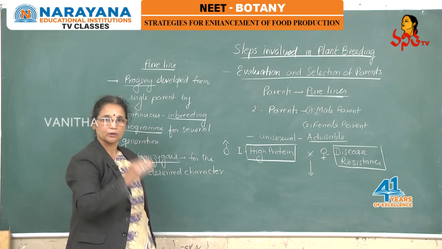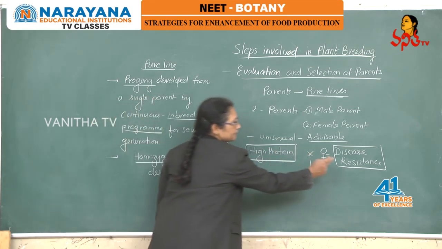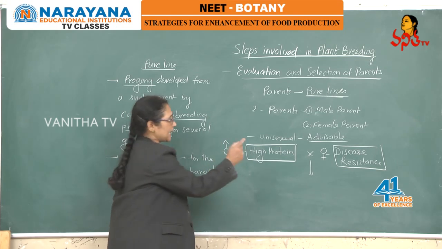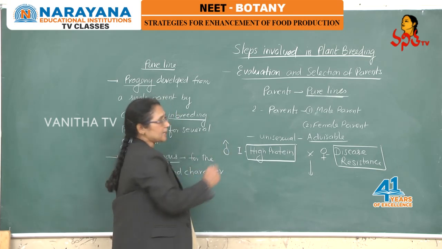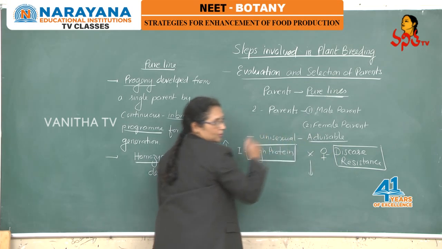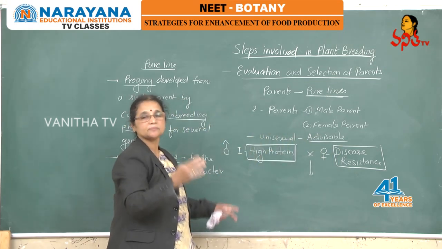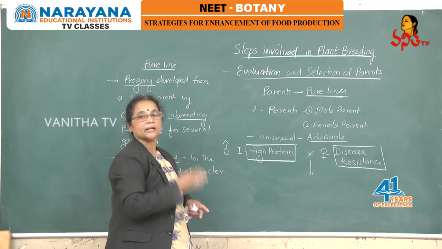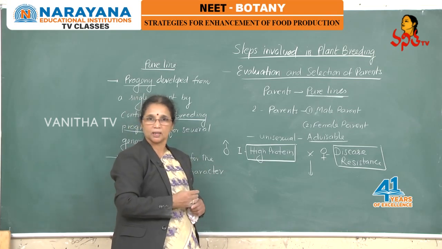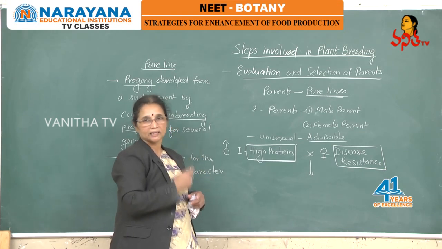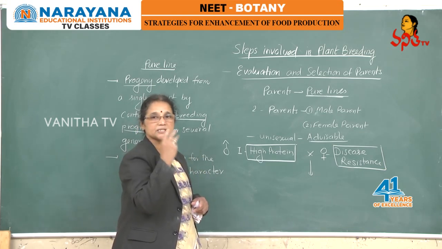Okay. Now, we produce two different plants, and one plant is homozygous for high protein content and the other plant has homozygosity for the disease resistant character. And now, these plants are crossed. If these plants are bisexual, the hybridization or crossing of these two plants will consist of 3 steps.